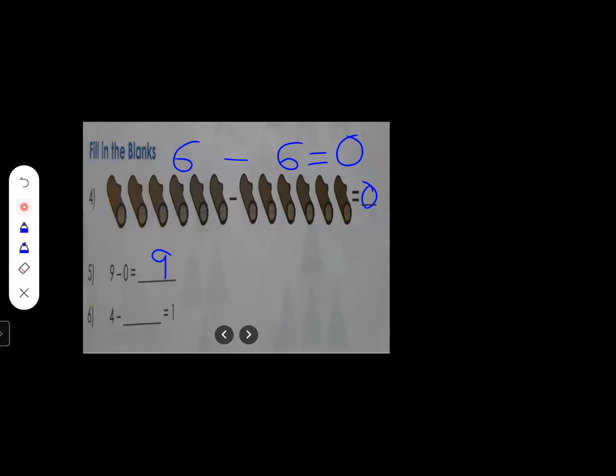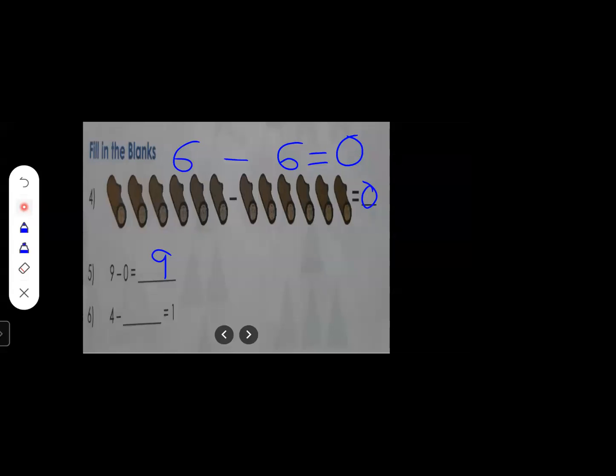Now over here, 4 minus dash is equal to 1. What do we have to write? So we have 4, right? Take 4 fingers on your hand fast. Now we want the answer 1. So how many will we take away to get the answer 1?